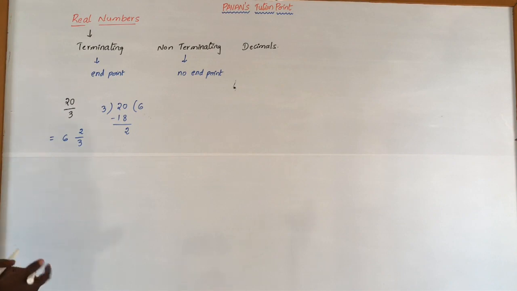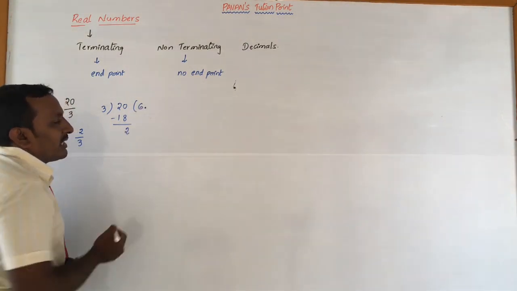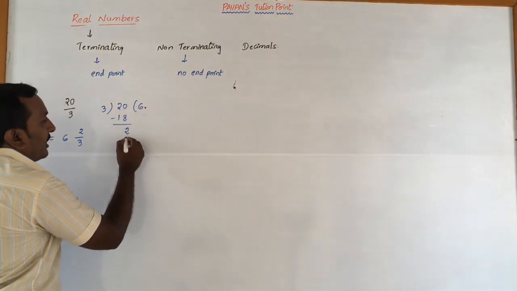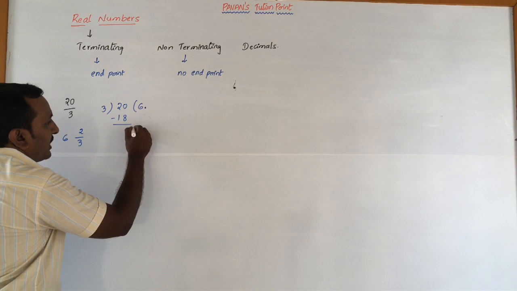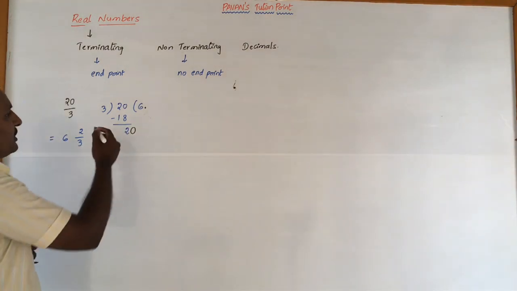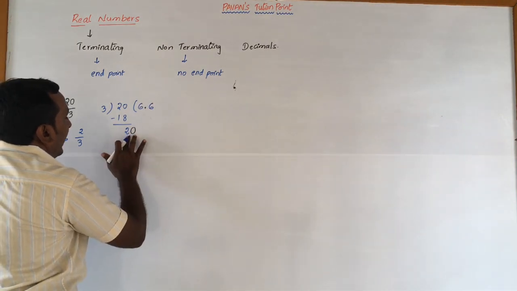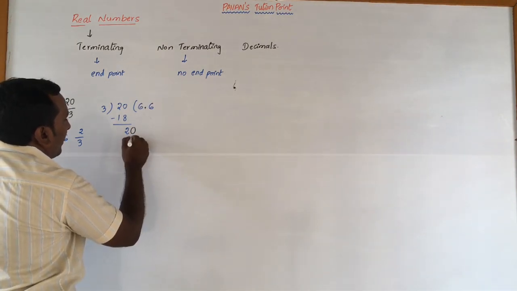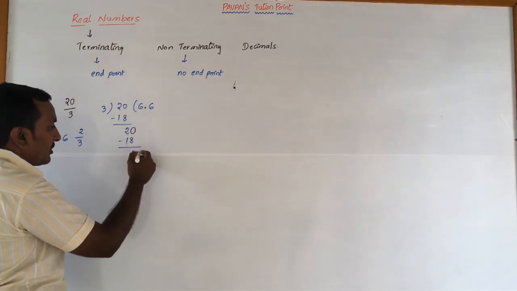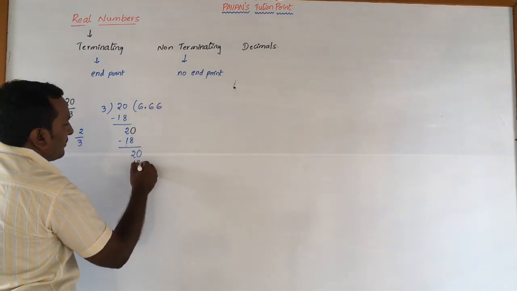Then how will we do it? Simply we put a point in the quotient place, and instead of the point we take 0 in the remainder. Again 3 sixes are 18, subtract, remainder 2. So here we have a point, and again you can take 0. Again 6 threes are 18.